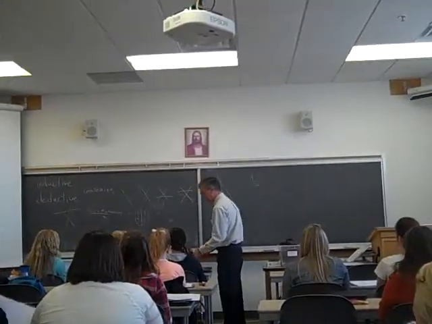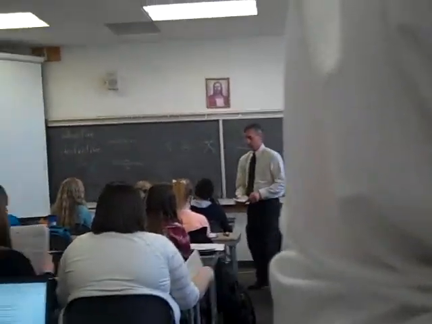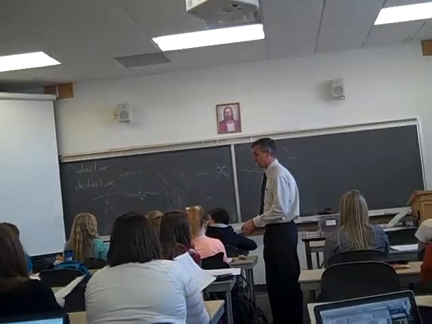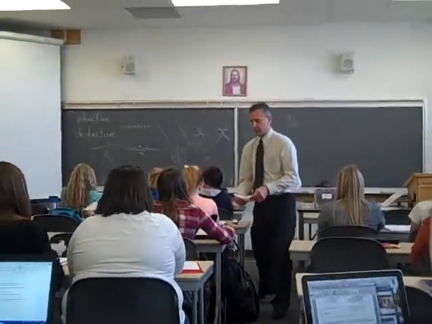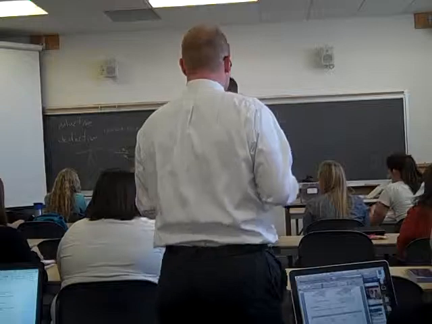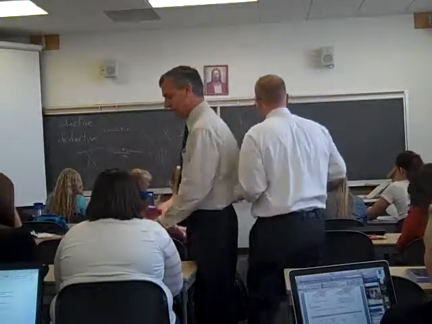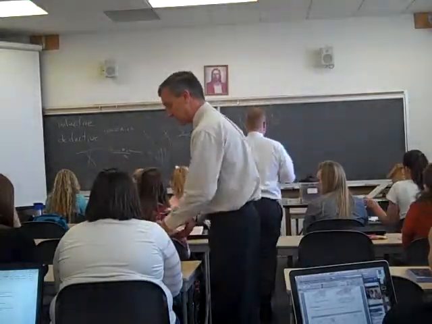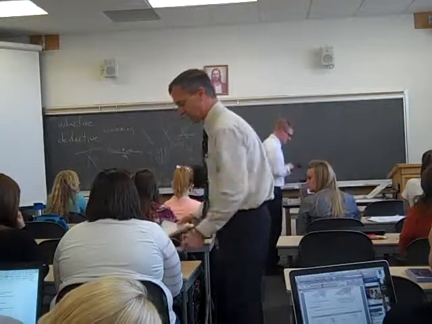We're going to learn some alternative methods for constructing. We've learned to use our traditional tools, the straight edge and the compass. Today we're going to learn to use patty paper, and we're going to learn to use a mirror to do constructions.